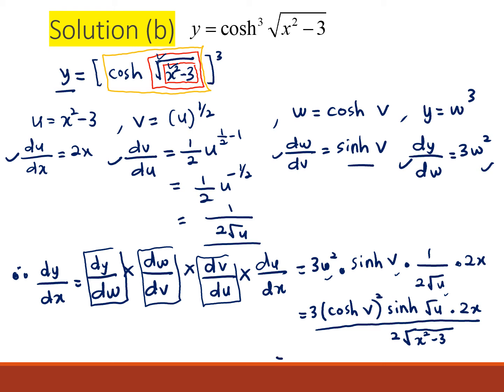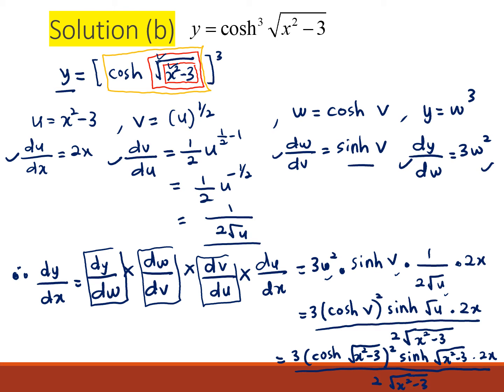So next, substitute again: cosh of v, where v is the square root of u, and u is x squared minus 3. So we have cosh squared of square root of u, which is the square root of x squared minus 3, times 2x over 2 square root of x squared minus 3.